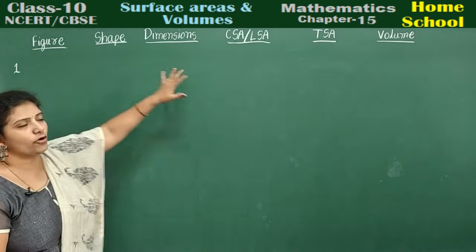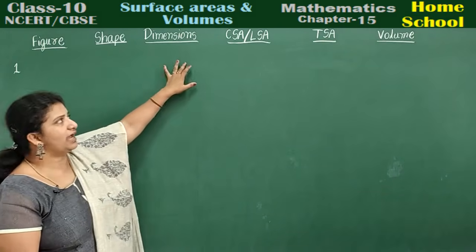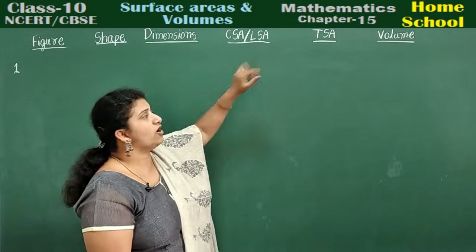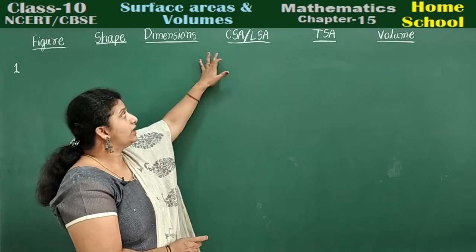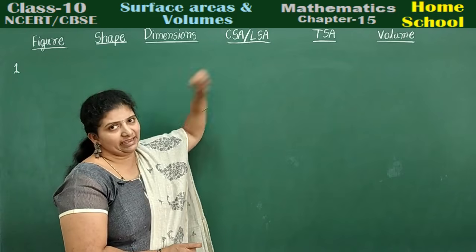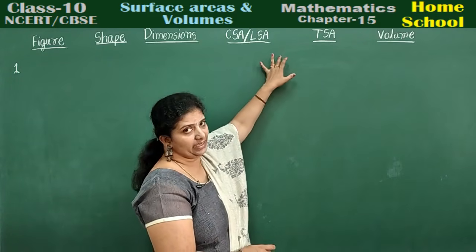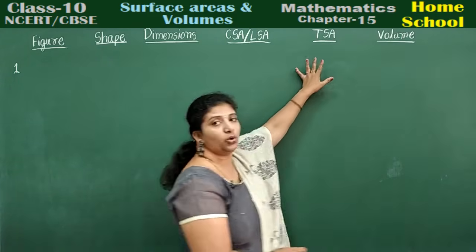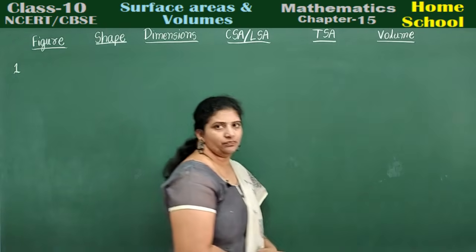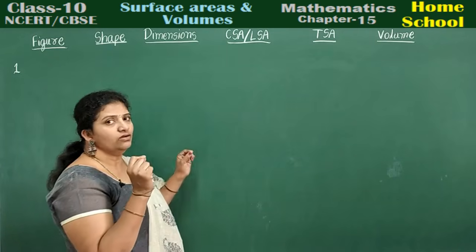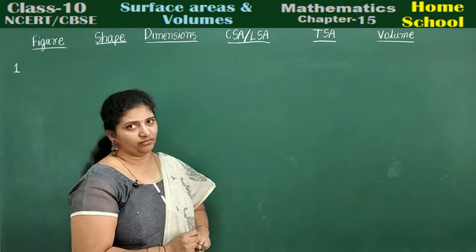You can see some points I have written on the board: figure, shape, dimension, CSA or LSA. What is the CSA full form? Curved surface area or lateral surface area. TSA, total surface area, and volume. We are going to consider one solid at a time and write all the formulas.